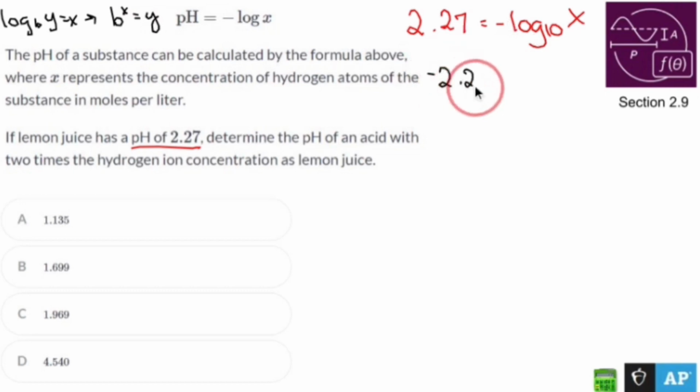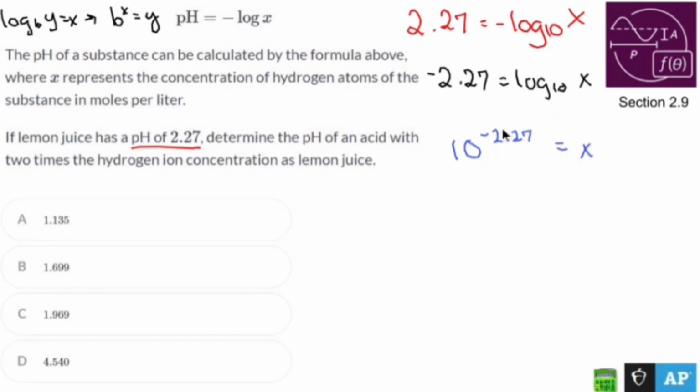Negative 2.27 equals regular log base 10 of x. Using this formula, I can rewrite this as 10 to the negative 2.27 equals x.